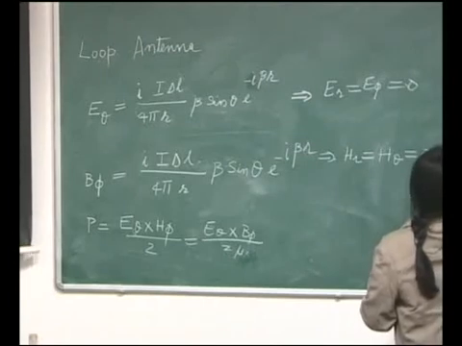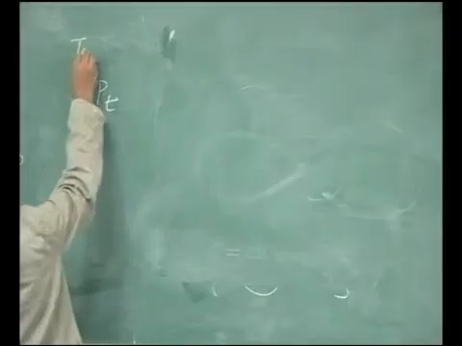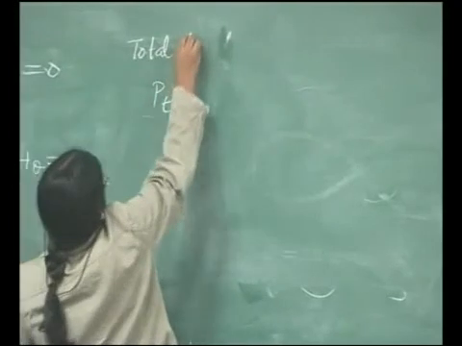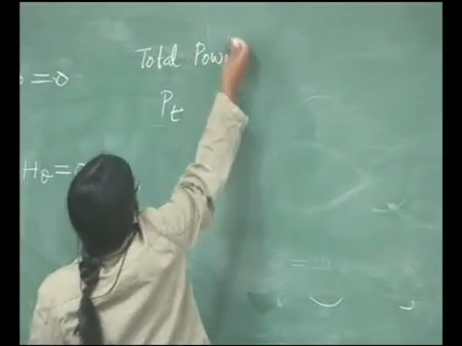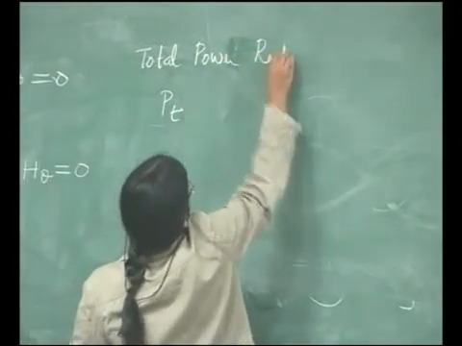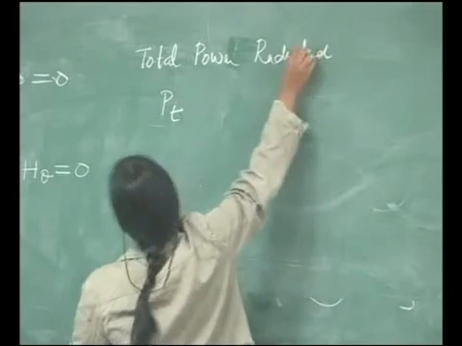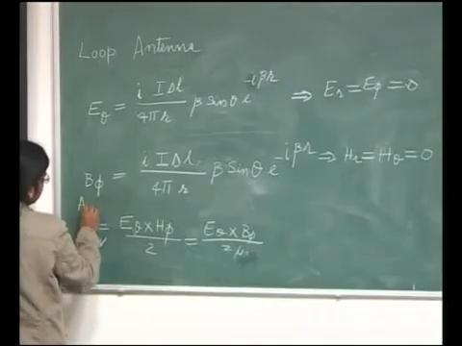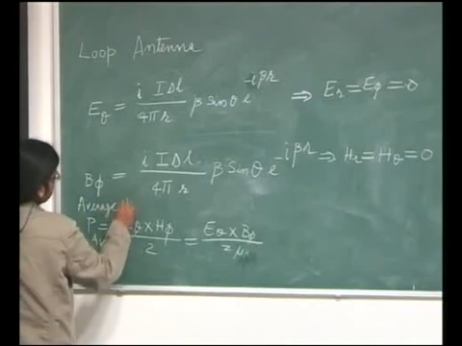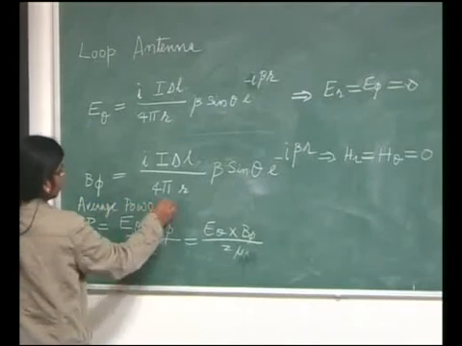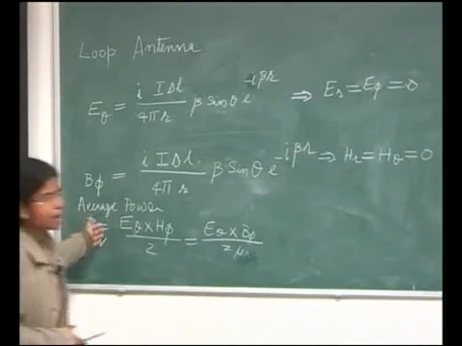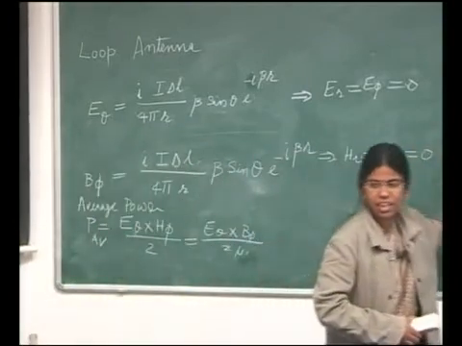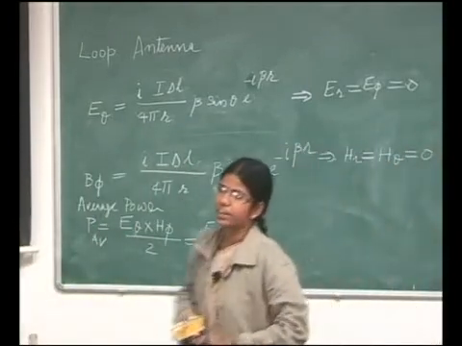It is the P total, that is total power radiated. I will write here, this is P average. Okay. When I multiply this average power by the surface area, I get the total power radiated from the entire loop.